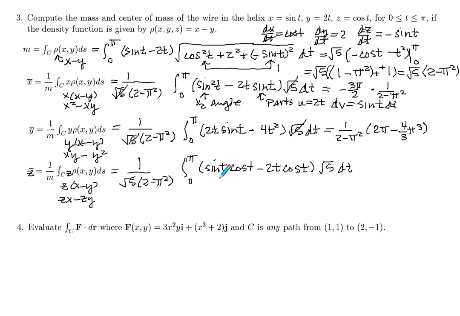So for this one here, when we integrate the sine t cosine t, our root 5's cancel again. When we integrate sine t cosine t, I see a function and its derivative. So u substitution, u du. And then this one again is going to be parts because it's a power times a trig function.